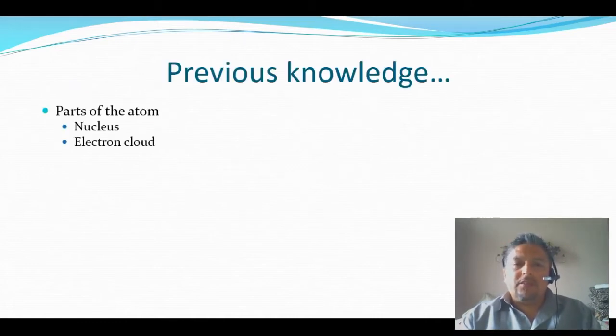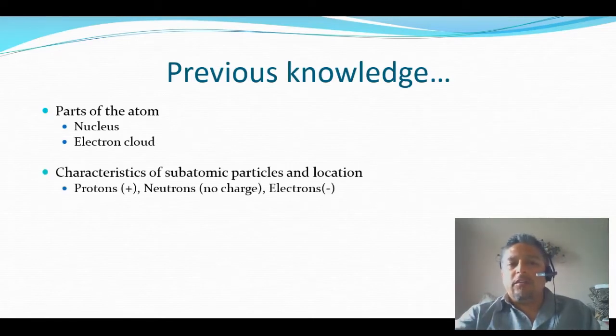From previous knowledge, we have learned a couple of things, like the parts of the atom, which include the nucleus and the electron cloud. Also, characteristics of subatomic particles and their locations: protons are positive, neutrons have no charge, and both of these are located inside the nucleus of the atom, and then the electrons are floating around in the electron cloud.